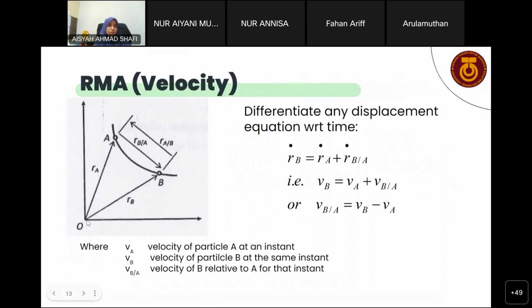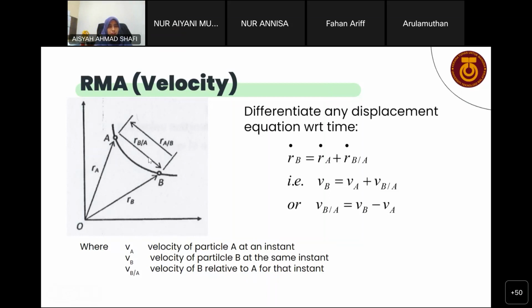We have the same point of origin, the starting point, and plane A goes in this direction and plane B goes in this direction. So the relative displacement, and the velocity and acceleration also use this. The positions are the same, but just the formula changes.